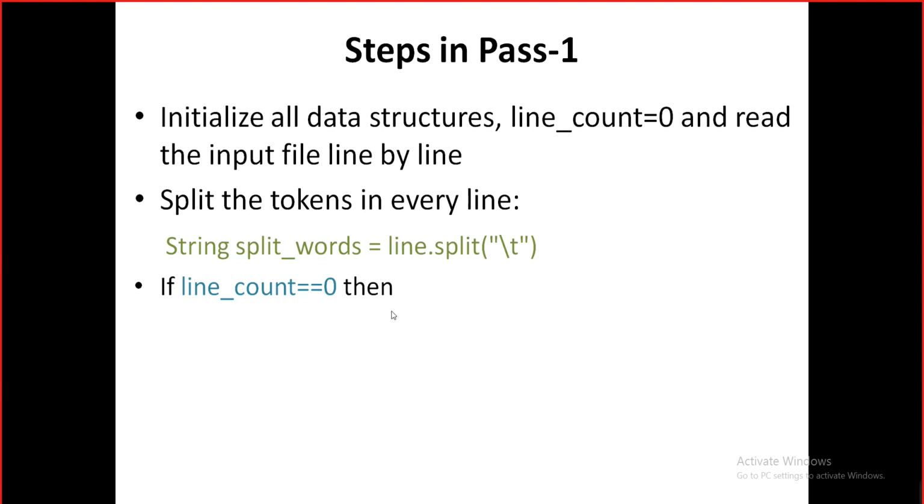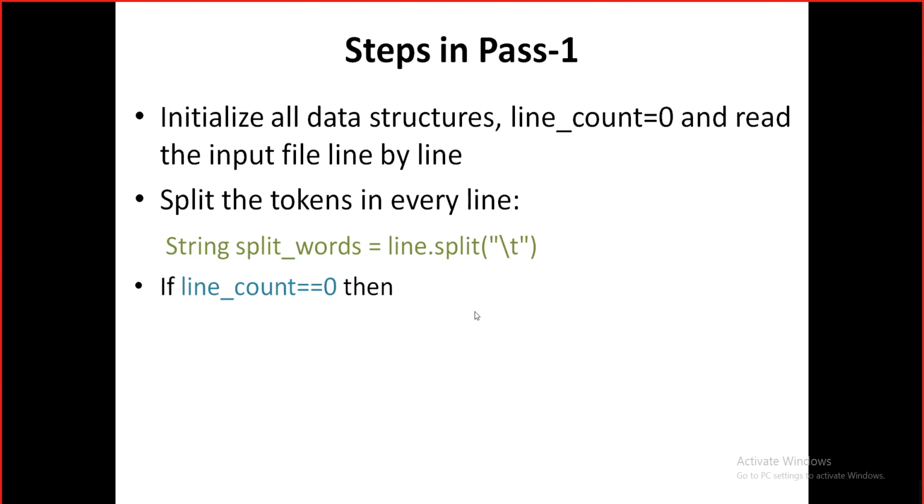So that is where we are going to initialize our location counter at this condition, and this condition is only going to be true once, when we scan the first line. Next, when we scan the second line from our input code, then obviously this condition won't get satisfied, and we'll always explore the else part of this if from the next iteration onwards, right?